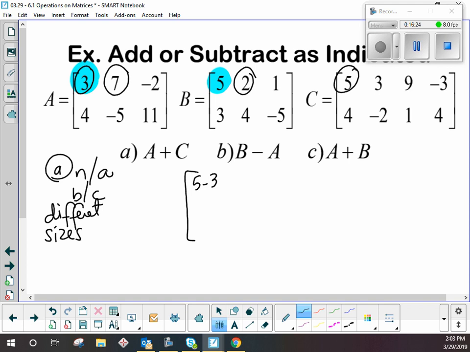Which order am I subtracting? 2 minus 7. And then I have 1 minus, be careful about this, 1 minus what corresponds to that over here? Negative 2. What happens if I have minus negative? Plus, right? Whenever you encounter a minus negative, be sure you notice that.